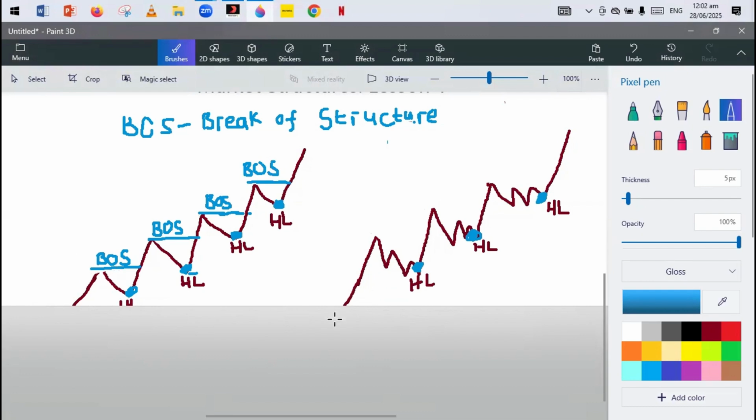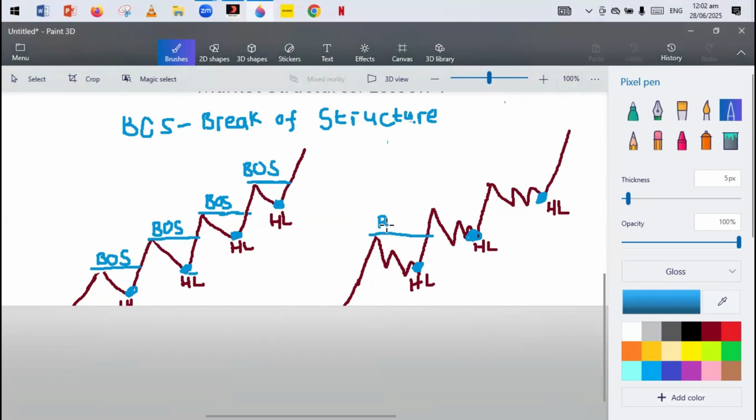And then we have a scenario where we have a lot of highs. So you have that high and then this high and then that high. So you always mark the highest high. So the highest high, that is the one we mark as our break of structure. Like that. That is the highest high.